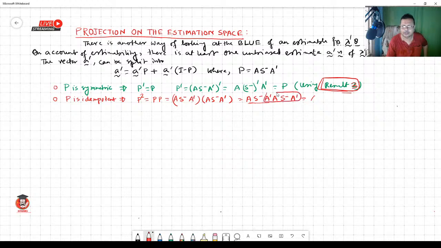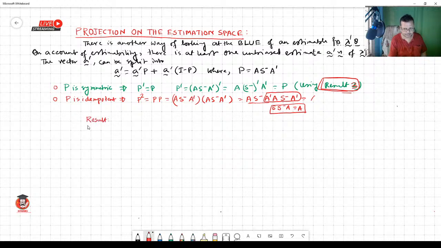I think S is G inverse A. This should be A. Please mention the result. Is it result 1, 2, 3? Tell me which one this is. I think I need this result.